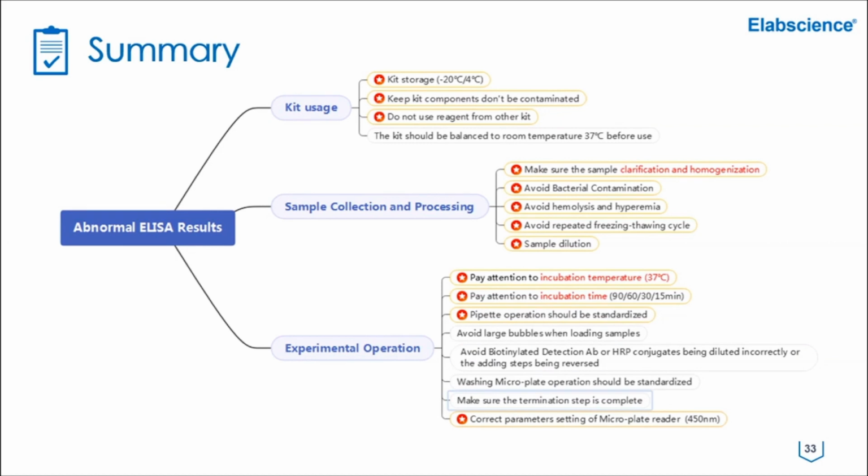We should notice them to improve our ELISA result, like the kit storage, and not use reagents from other kits, and avoid contamination, and pay attention to the incubation temperature, etc. You can see the map after the presentation.